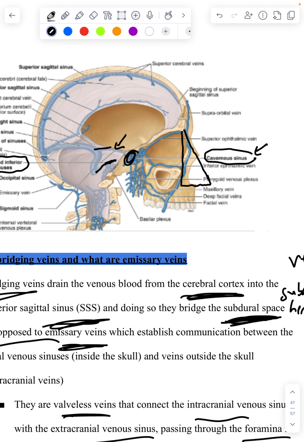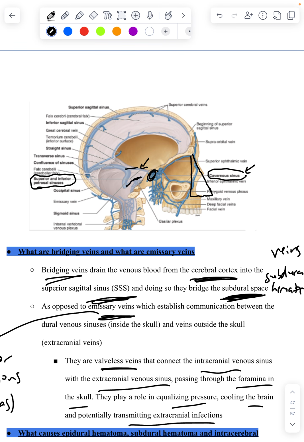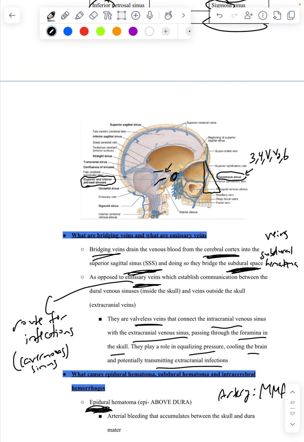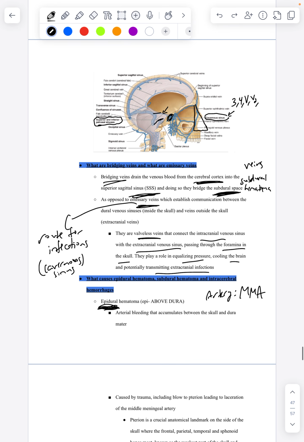It could cause many problems because you have cranial nerves 3, 4, V1, V2, and 6 that all are in there, even your internal carotid arteries around there. So a bunch of things can get damaged. That's why they tell you don't pop pimples, especially in that dangerous triangle of your face.